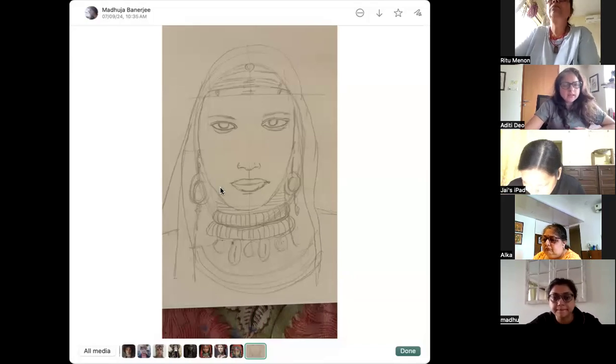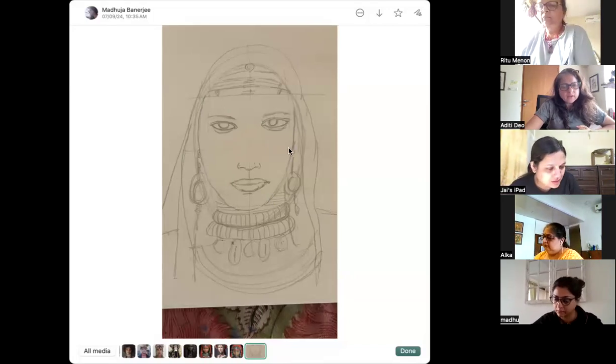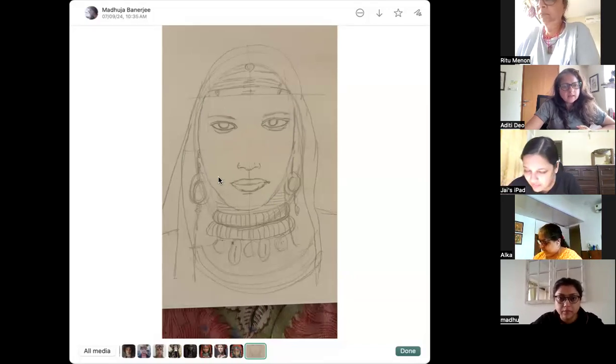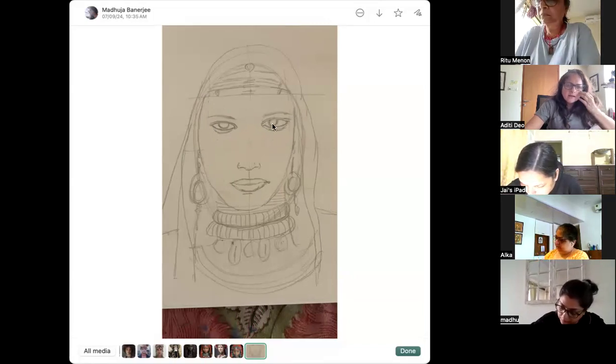So a few things that you could change. See on the right side, you've got this proportion nicely. On the left side, you need to make the face a little slimmer because it's become very wide from the left eye to the corner of the face. Then look at the positioning of the pupil, the iris.